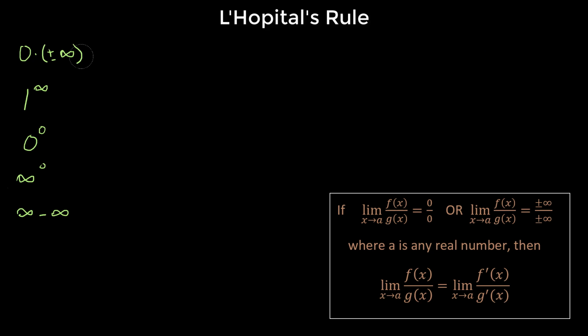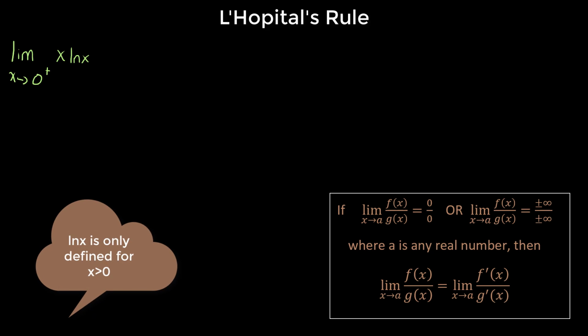And here's what I mean. Suppose we're taking the limit as x approaches 0 from the right, so 0 plus, of x times ln x. So this is a product.